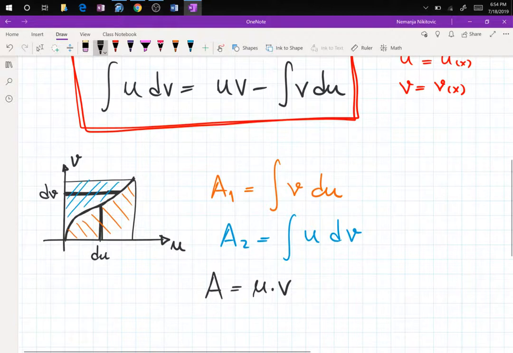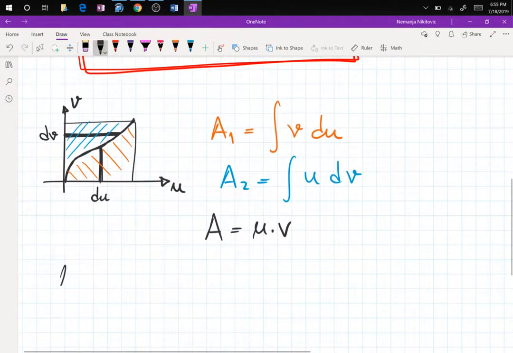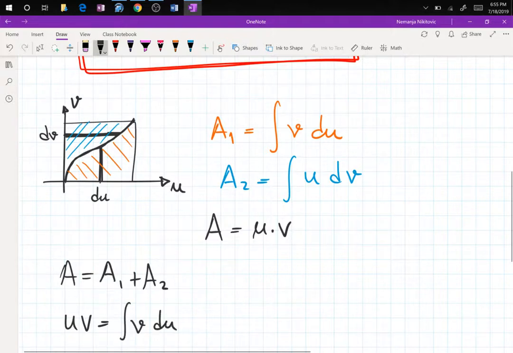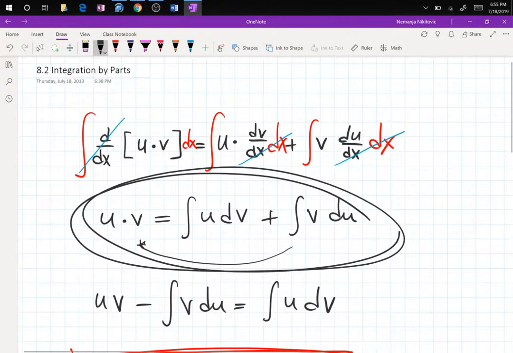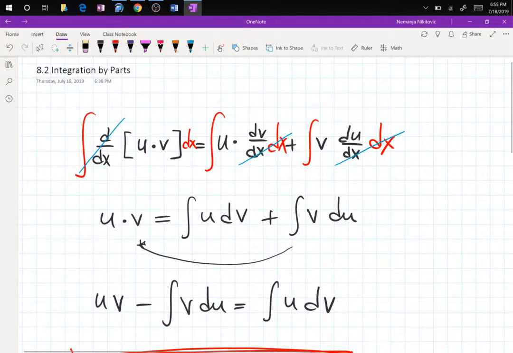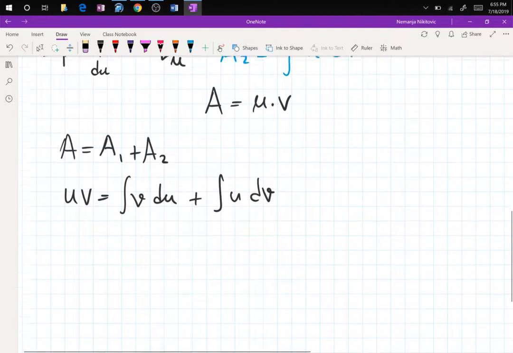Now you see that all of blue plus all of orange is all of black, so you can write simply the equation that area is equal to A1 plus A2. From there you have uv equals the integral of v du plus the integral of u dv, which is exactly this line over here, and you just fish out u dv equals the rest and you're done.